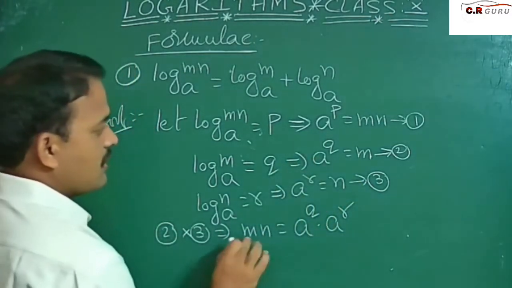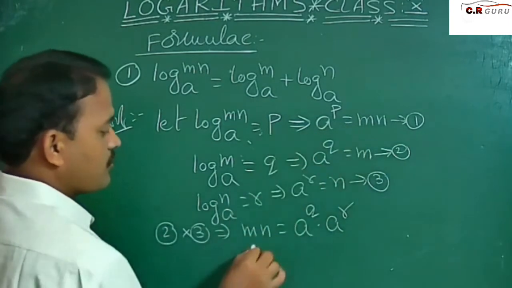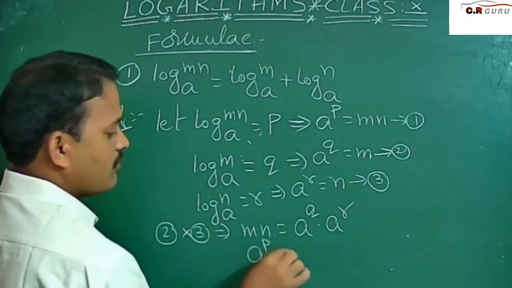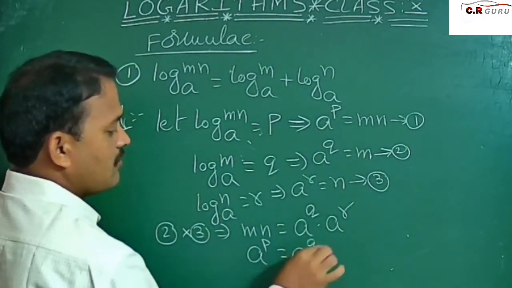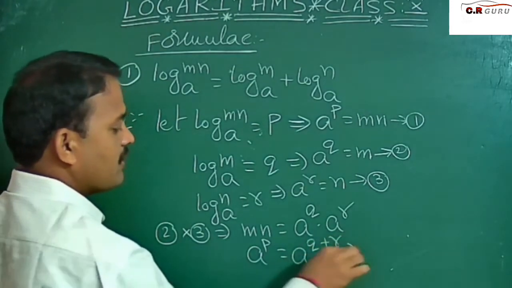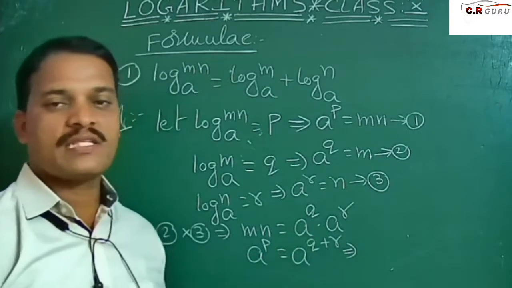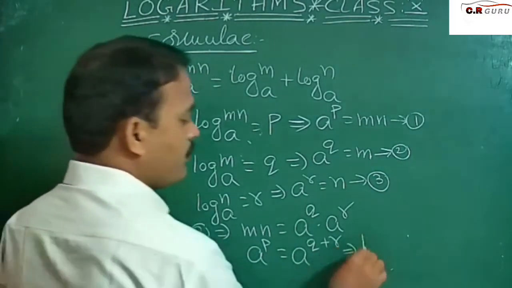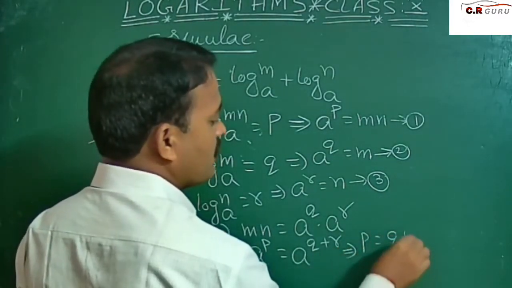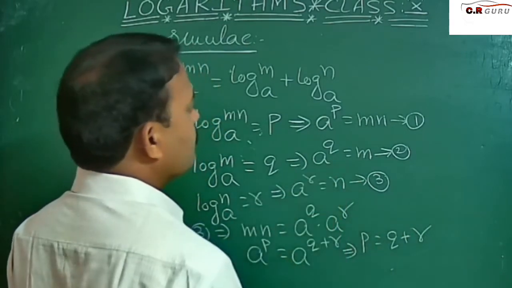So that equals, mn is nothing but what? Substitute here a to the power of P is equal to a to the power of Q plus R. That implies, in the exponents, both the bases are equal, so the powers are equated. So then P is equal to Q plus R. What about P?